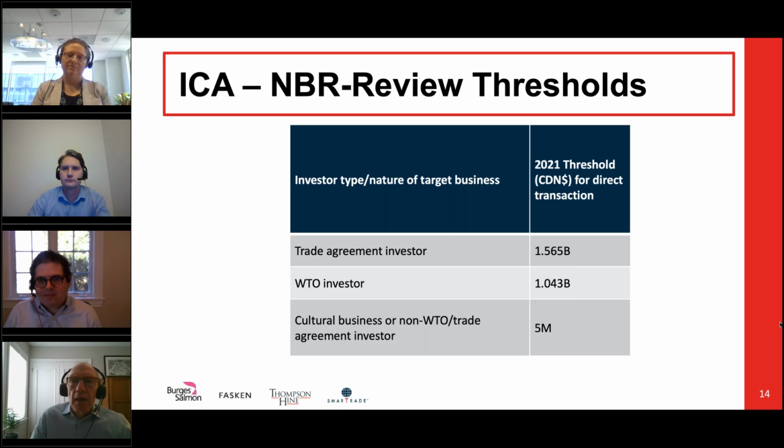And so the review thresholds for both culture and for non-World Trade, non-trade agreement investors is very low at $5 million for direct transactions and $50 million for indirect transactions.